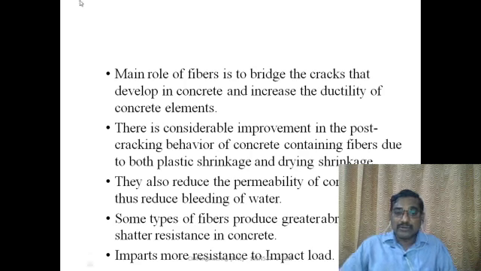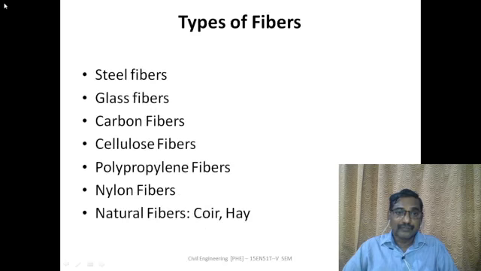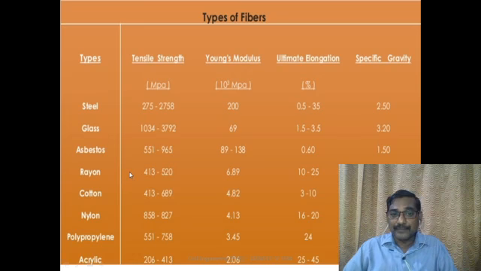They also reduce the permeability of the concrete and reduce bleeding and segregation of concrete. The different types of fibers used in concretes are steel fibers, glass fibers, carbon fibers, cellulose fibers, polypropylene fibers, nylon fibers, natural fibers, wire, hay, asbestos, etc.